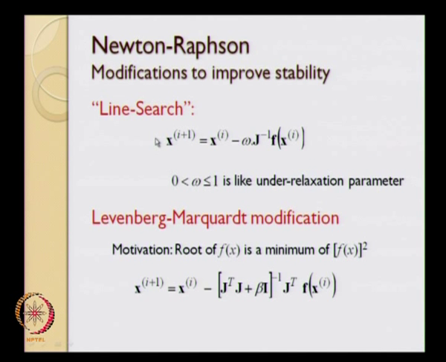So instead of having xi plus 1 equal to xi minus j inverse f, we have xi minus omega j inverse f, where omega is a value between 0 and 1, and that is an under relaxation parameter. So what we are saying is, we are going to take smaller steps than what Newton-Raphson asks us to take, just to be a bit more conservative in tracking the solution.